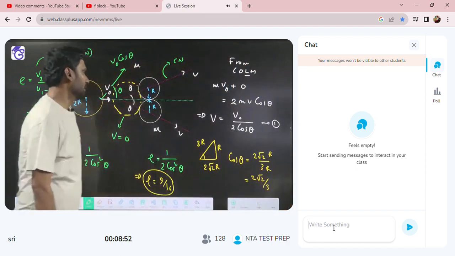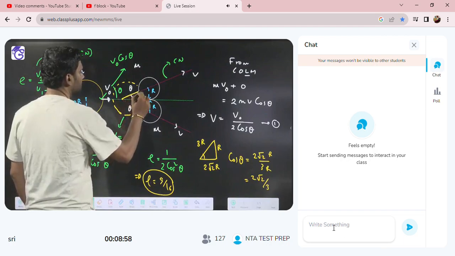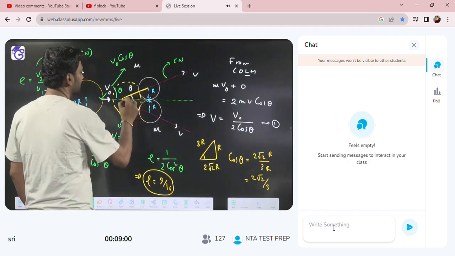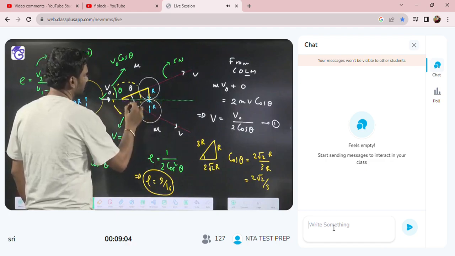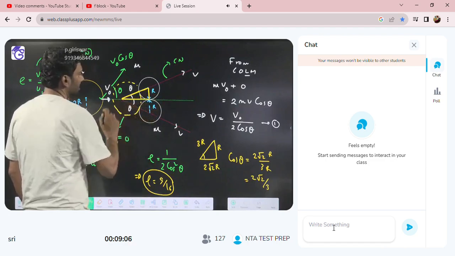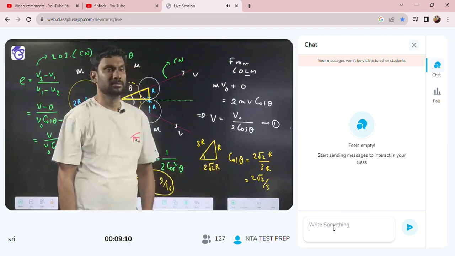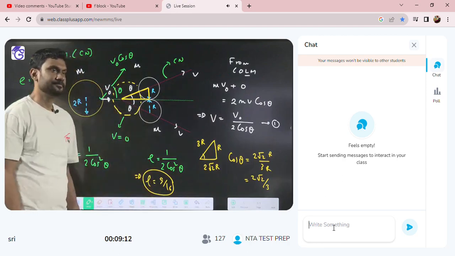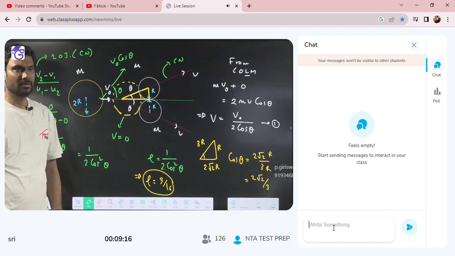So you look at this triangle. This is the triangle. This is 2r, this is r, so it makes it 3r. This is the radius r. So what about this? Apply the Pythagorean triplet, you will get that is 2 root 2r. Clear now? You got it?